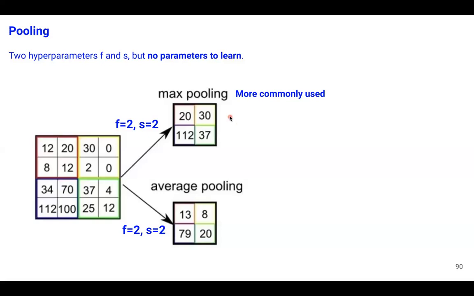So, of course, even when we are doing the convolution operation, we are losing some information. Max pooling also loses some information. The best way to not lose any information was to use a deep neural network.